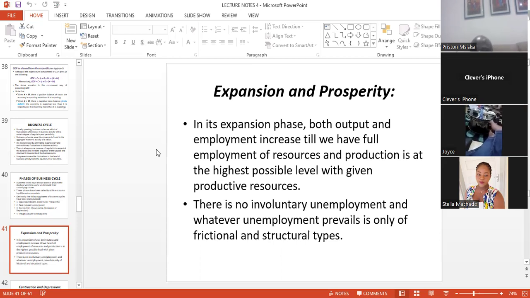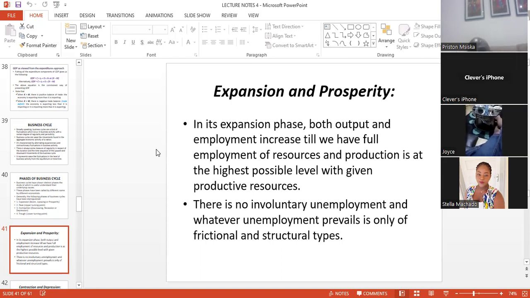One person leaves and then they have to replace that person. Usually these recruitment processes take long to fill that vacancy. So there will be some frictional unemployment. This is happening at a time when there is a boom, there is expansion, there is prosperity, where you don't expect unemployment to exist, but you may still have this kind of unemployment, which is called frictional.